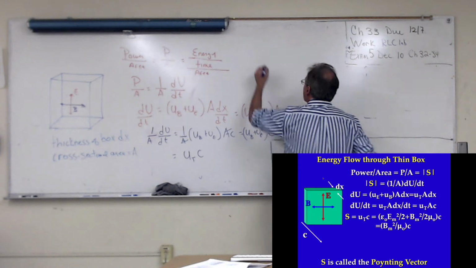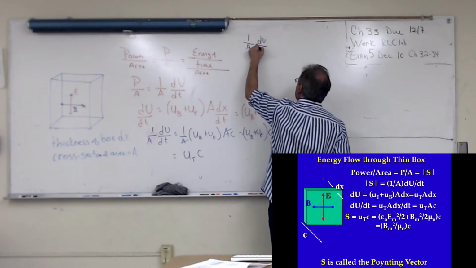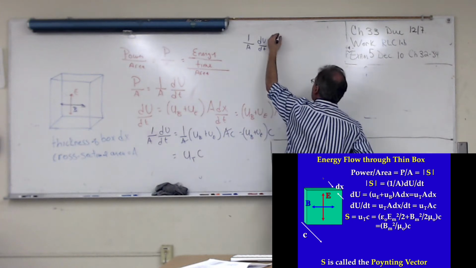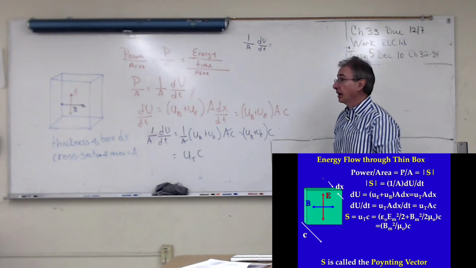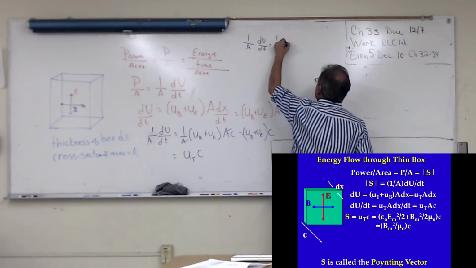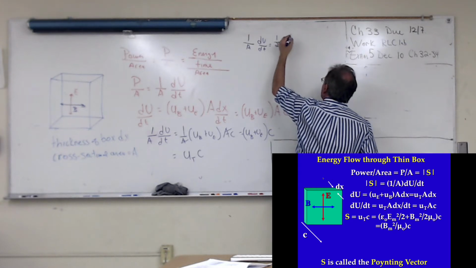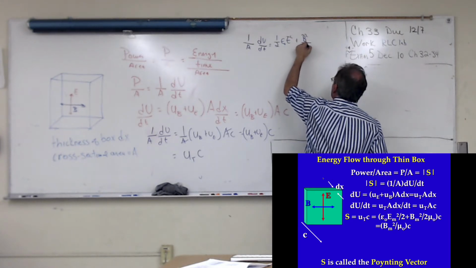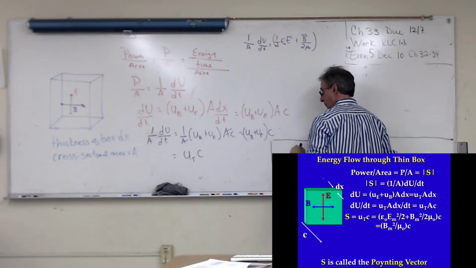And so 1 over A dU over dt, this is the total energy density, so it's going to be the energy per unit volume for the electric field plus the energy per unit volume for the magnetic field times c.